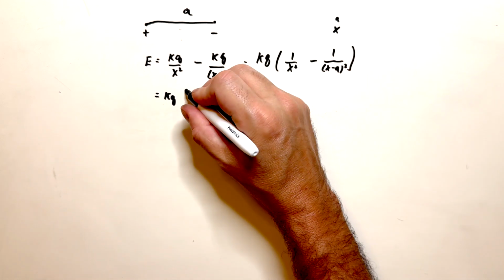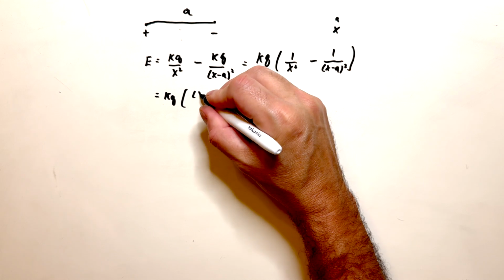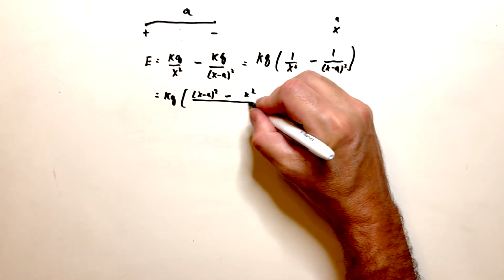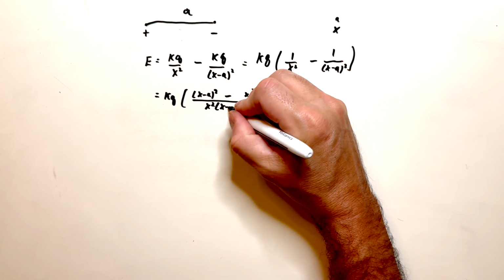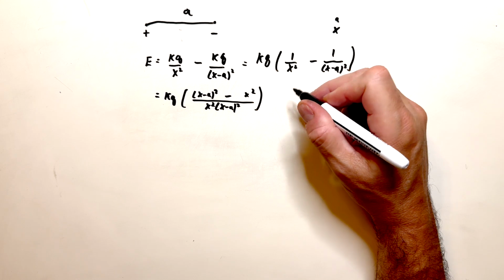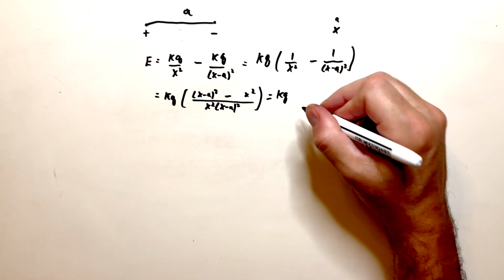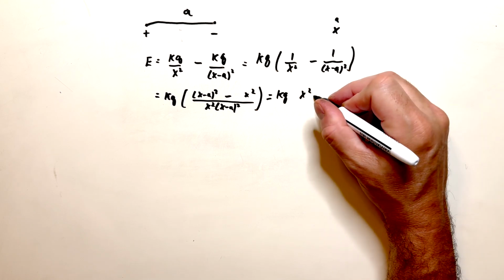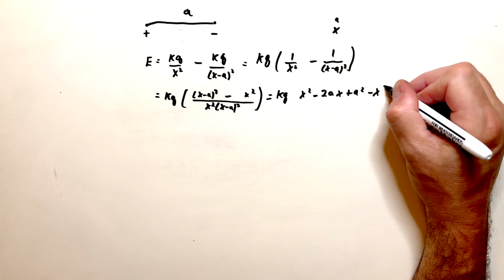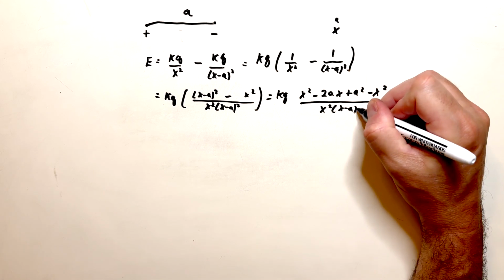We can multiply the two denominators together to get a common denominator, and that gives me x minus a squared minus x squared, all divided by x squared times x minus a squared. If I multiply this out, we get kq times x squared minus 2ax plus a squared minus x squared, divided by x squared times x minus a squared.